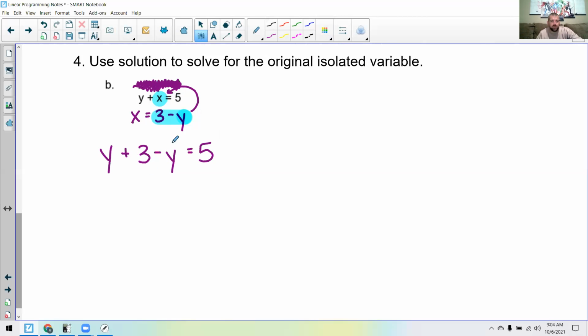So now I have an equation with just y's left. I have y plus 3 minus y equals 5. I'm going to combine like terms. I get y and negative y. Uh-oh. They cancel out. So it looks like I'm left with 3 equals 5.